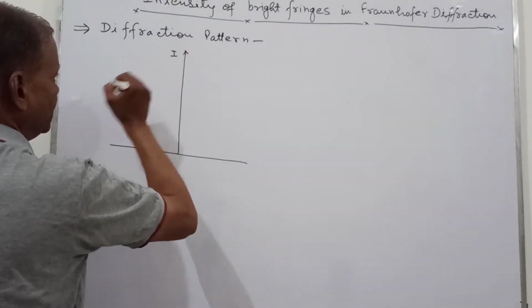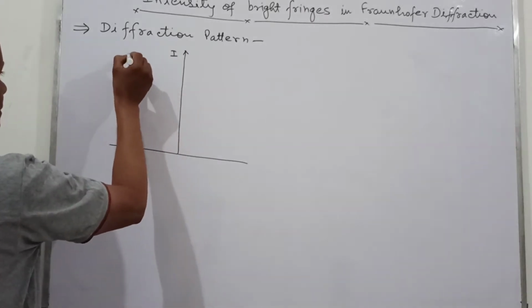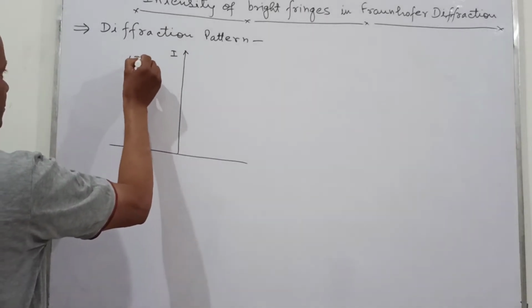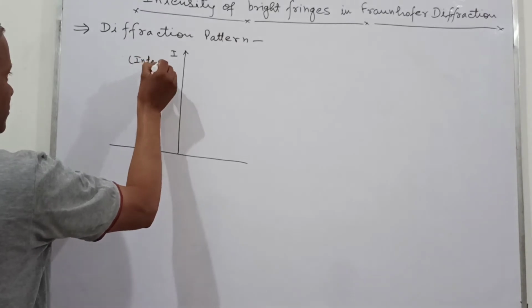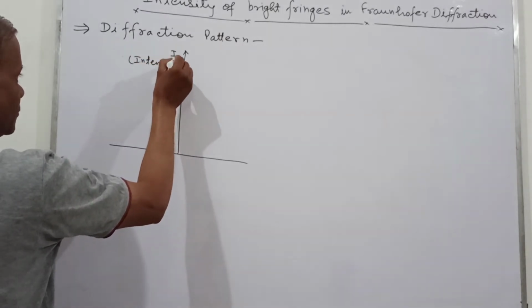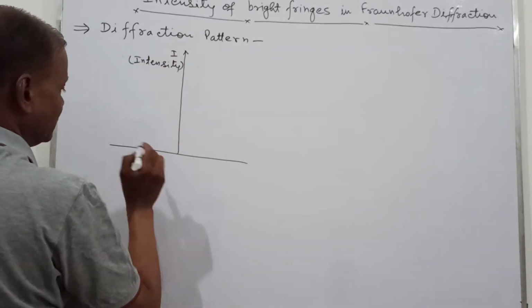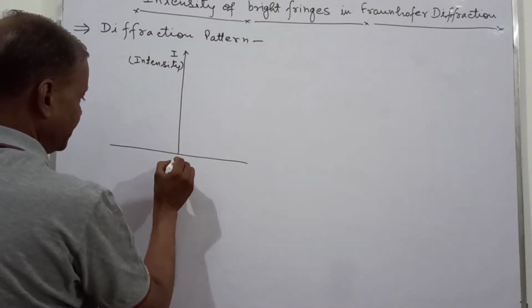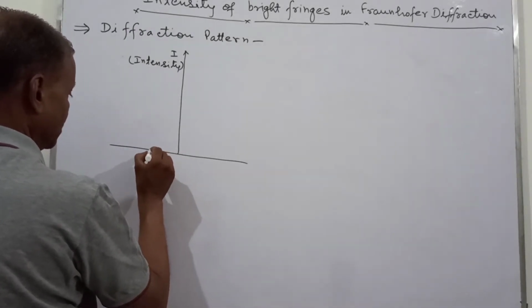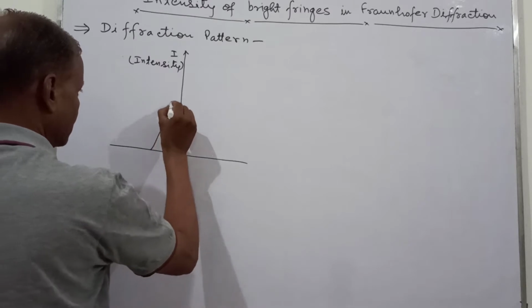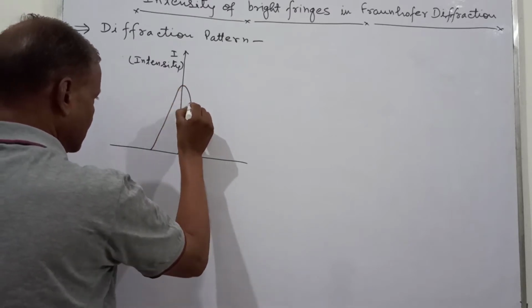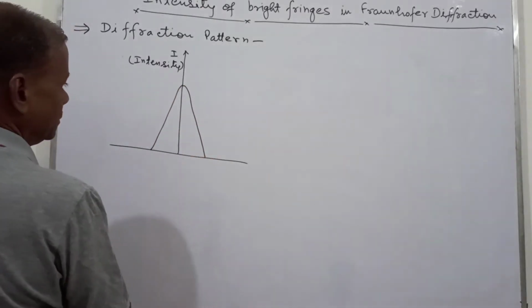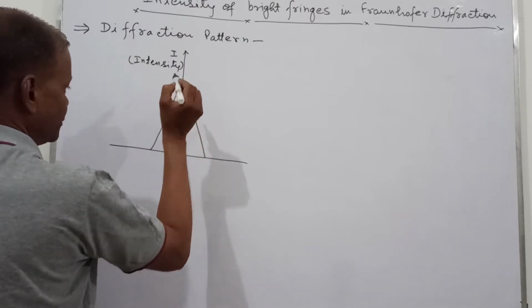Here we take I, where I is the intensity. Here we take the fringe. This is now the first fringe.